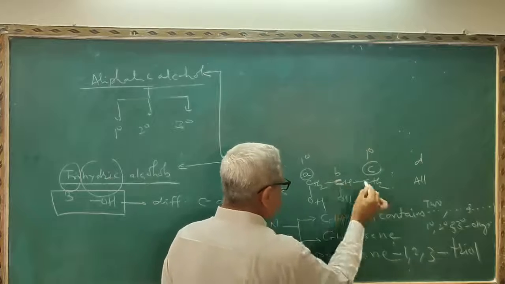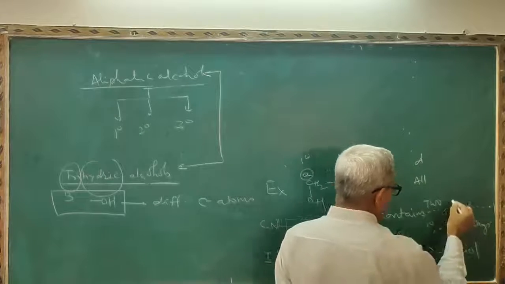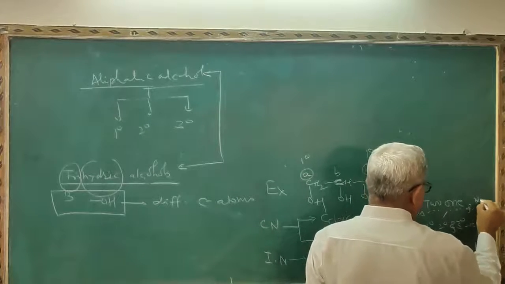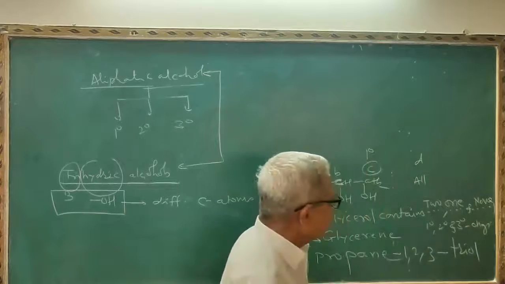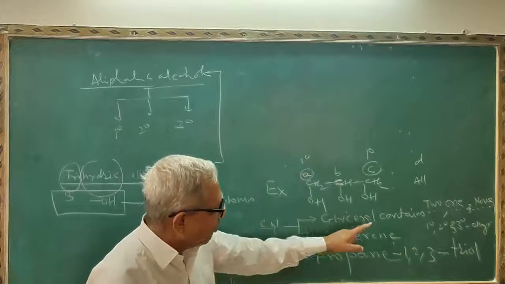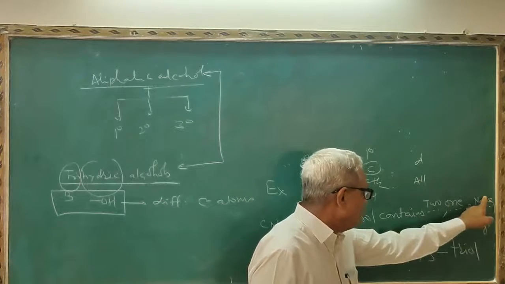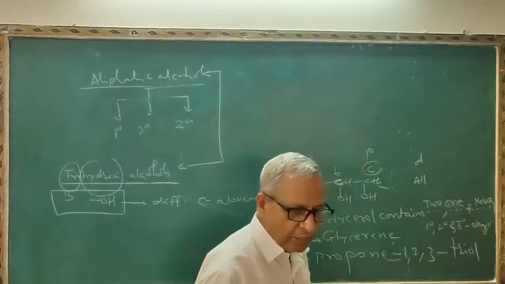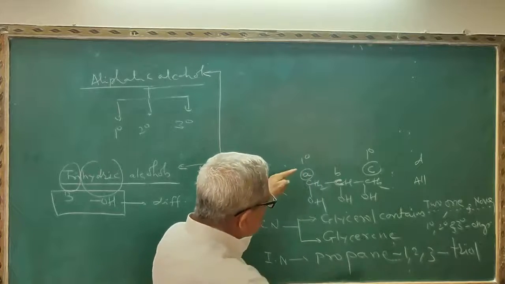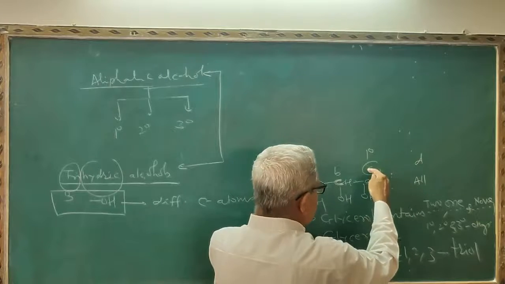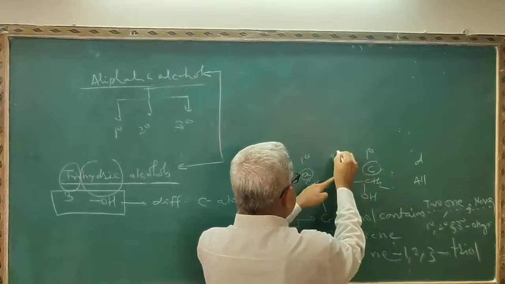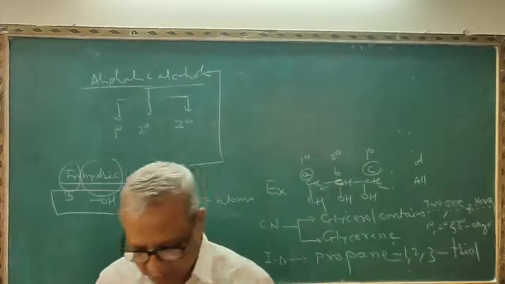It is attached to 2 other carbon atoms. Therefore, secondary 1 and none or 0 tertiary. So remember that glycerol contains 2 primary, 1 secondary, 0 tertiary OH groups. The primary OH groups are present on the carbon atoms A and C. B is secondary. So this is the important question.